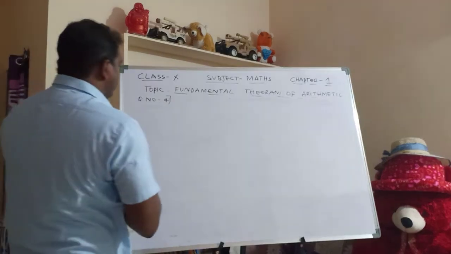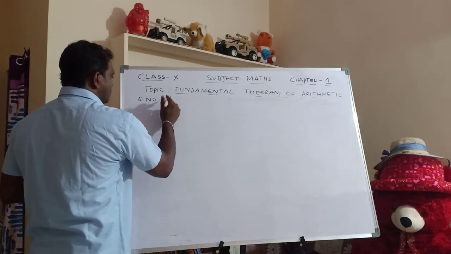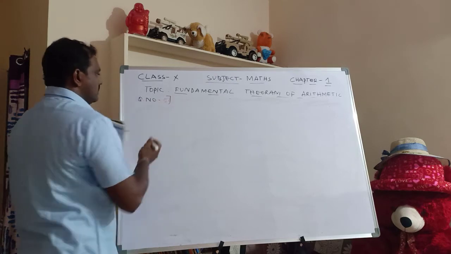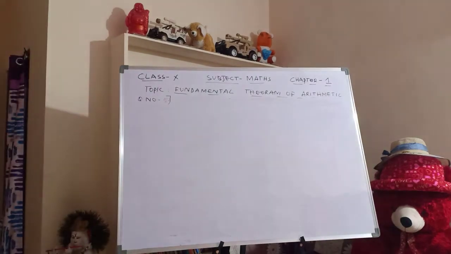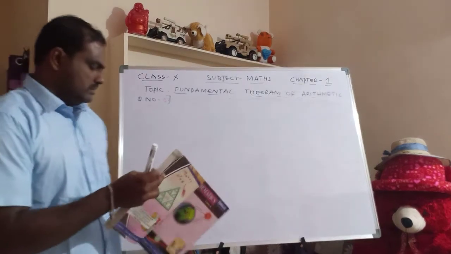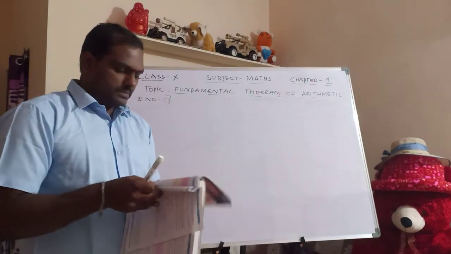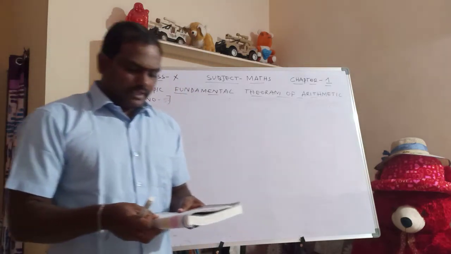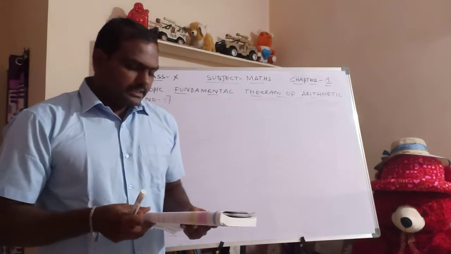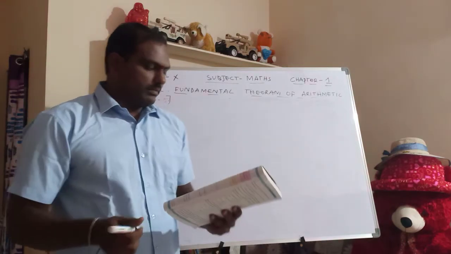Now look at question number 5. Question number 5 is the same. How will you show that 17 into 11 into 2 plus 17 into 11 into 5 is a composite number?